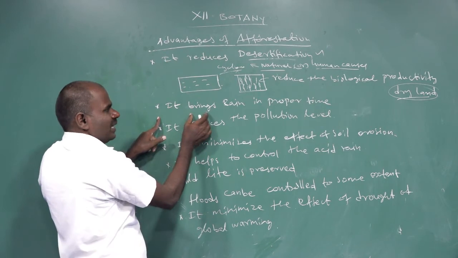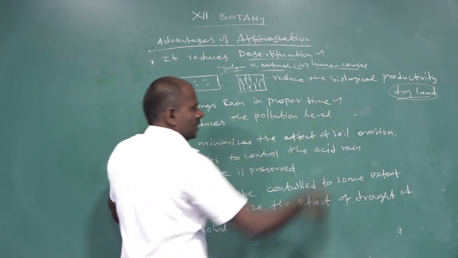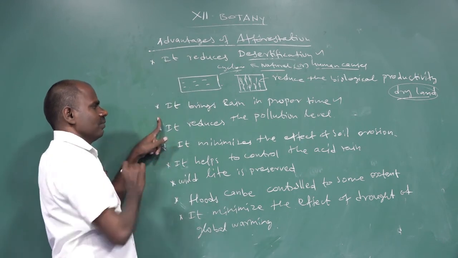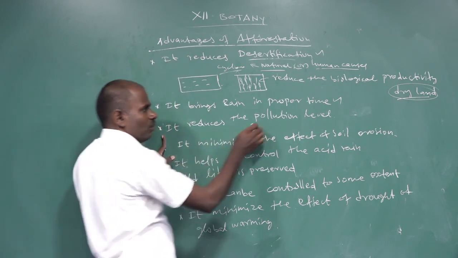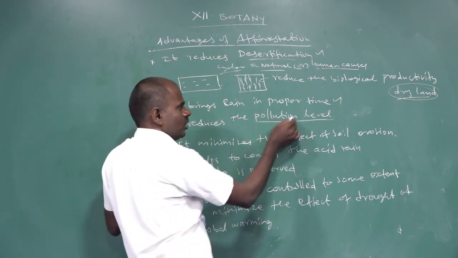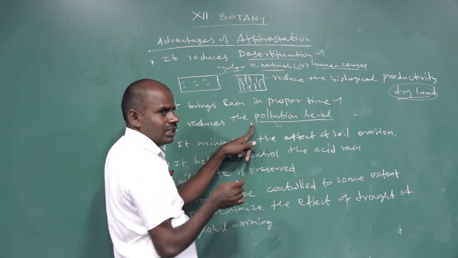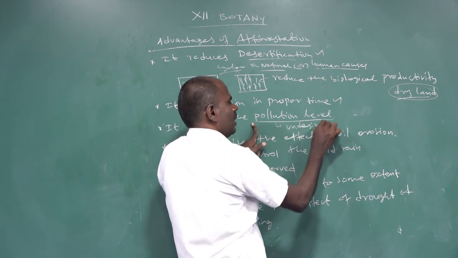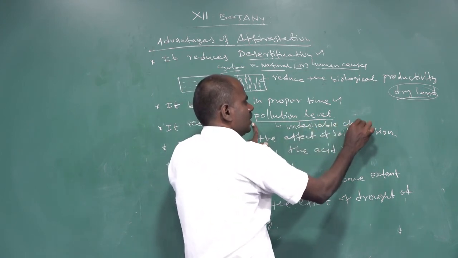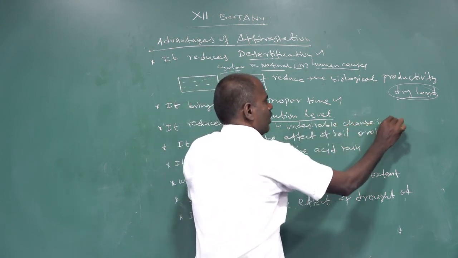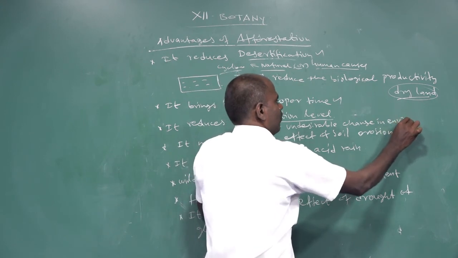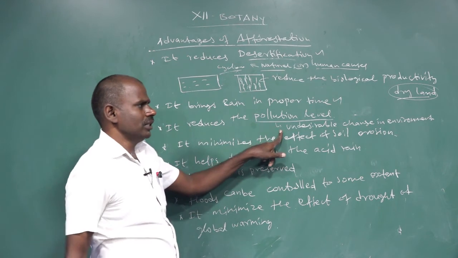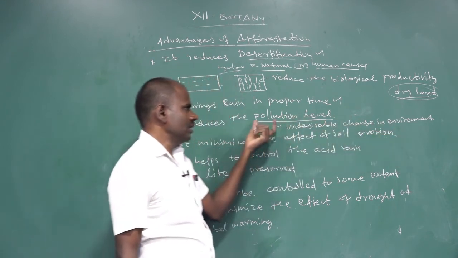Next, it brings rain at the proper time. It also reduces the pollution level. What is pollution? Pollution means an undesirable change in environmental conditions.